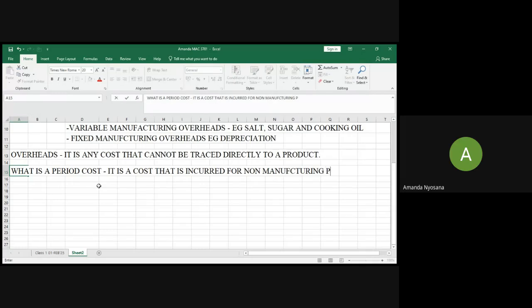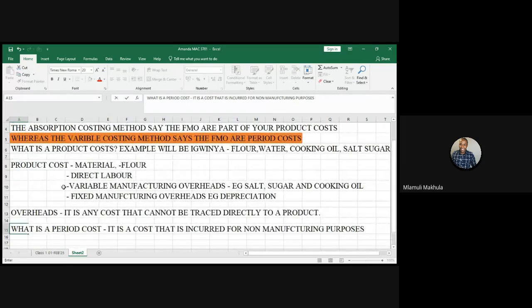So now, the variable costing method will say, actually, to value your inventory, you don't need to include fixed manufacturing overheads. Reason being, your fixed manufacturing overheads do not change within a relevant range. Let me give you an example. If you hire an office, your rent wouldn't change for a period of a year.